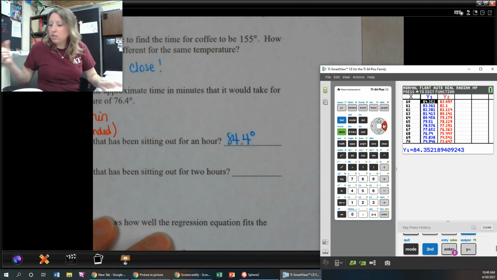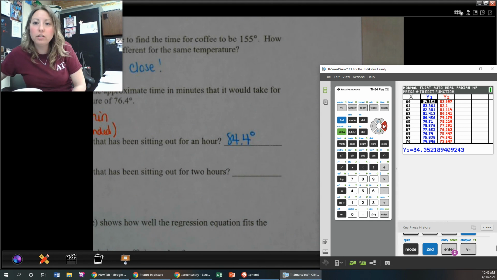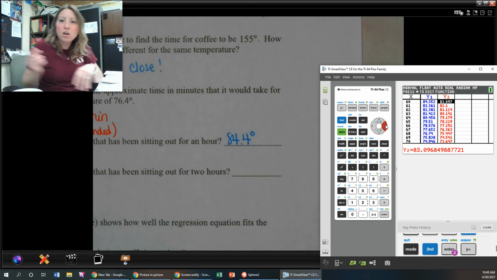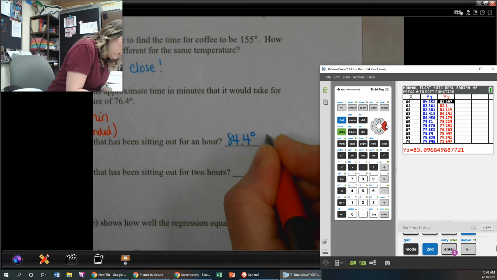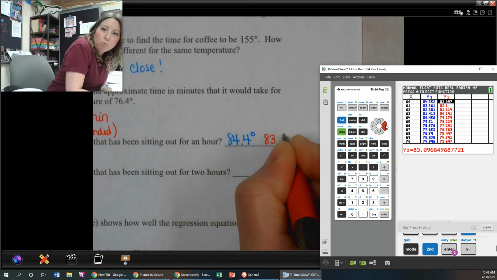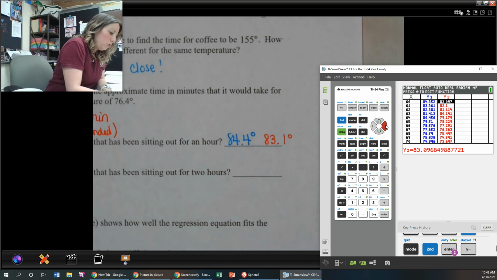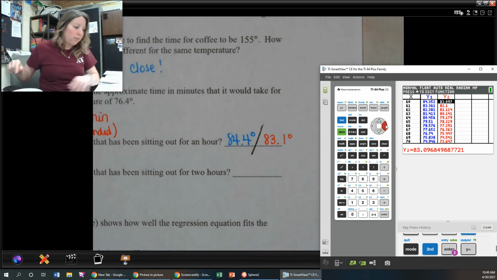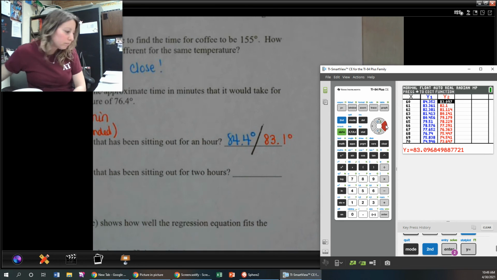For our rounded version, we have 83.1 degrees. So do be careful which one you're being asked for, right? Original or rounded.